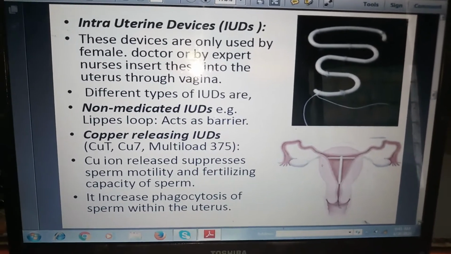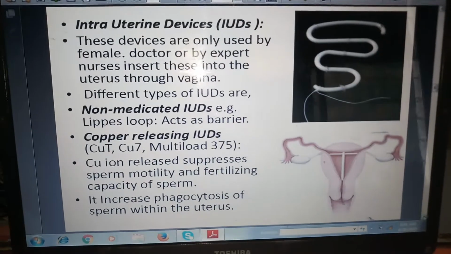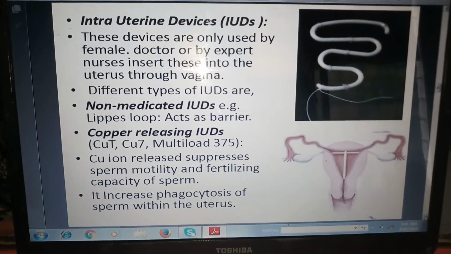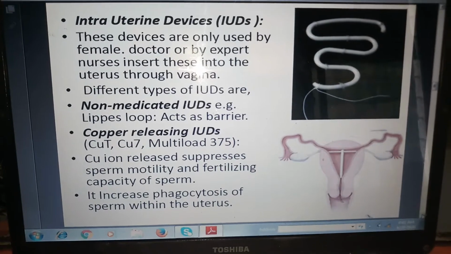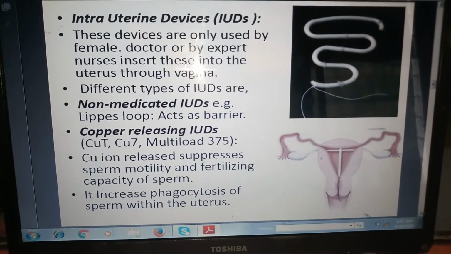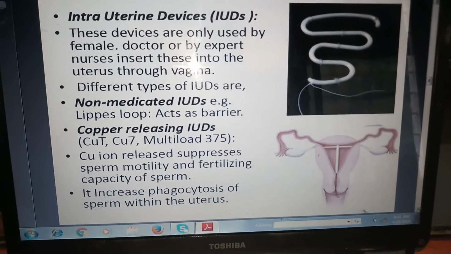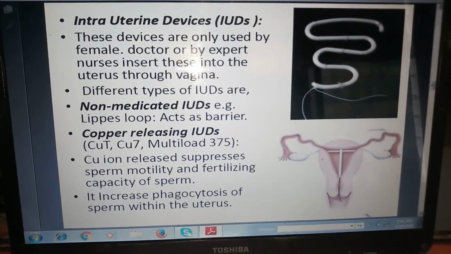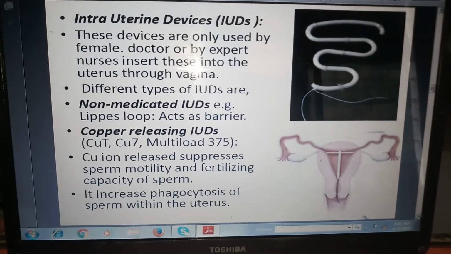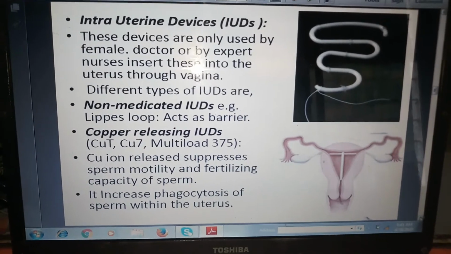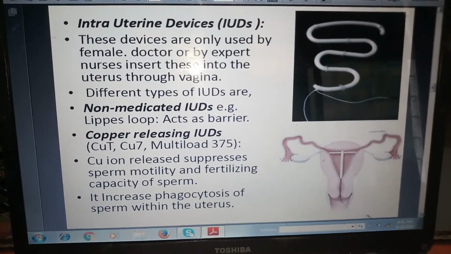The different types of IUDs are non-medicated IUDs. Examples are Lippes loop, which acts as a barrier. Then copper releasing IUDs, that is copper T as I told you: CuT 380A, Cu7, Multiload 375.